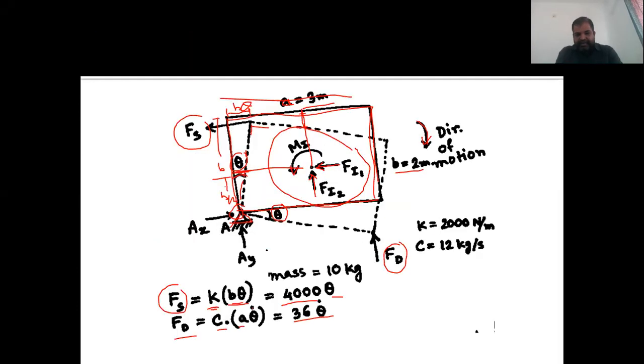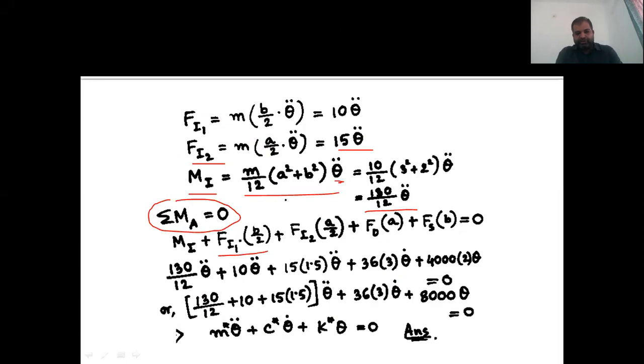Then you will have Fi2 into the perpendicular distance from A, which is a by 2, right? So Fi2 into a by 2.